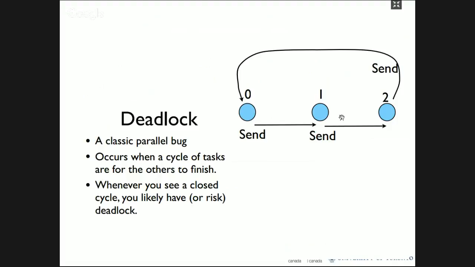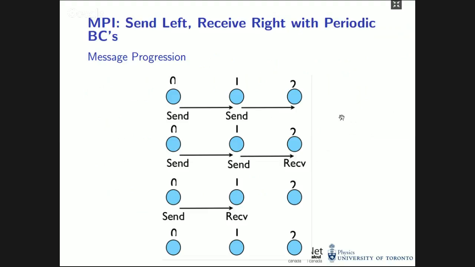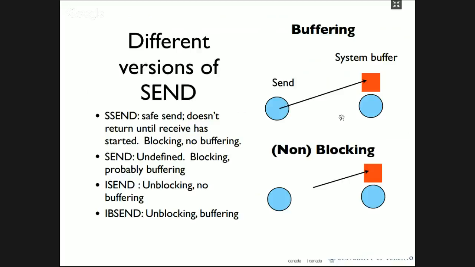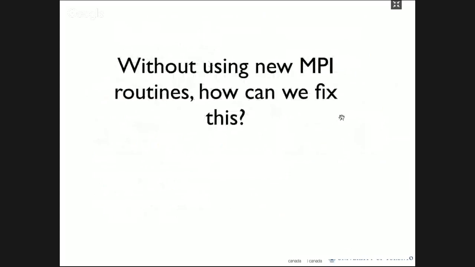Any ideas? This is just describing the sending and receiving, and how they all have to be paired. Without using new MPI routines, how do we fix this?